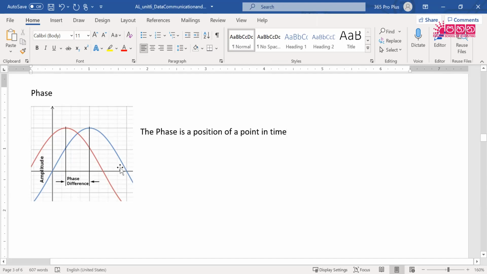This happens in a light wave or a current wave, for example. It goes up and then comes down, then goes to the other side and comes back to zero. So in two waveforms, this could be known as the difference.